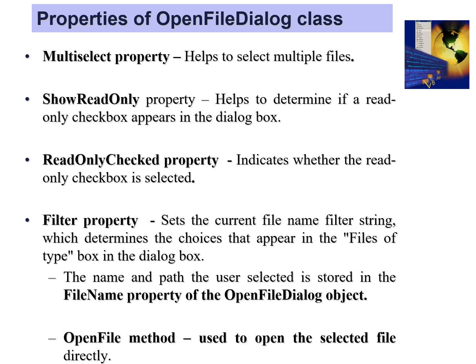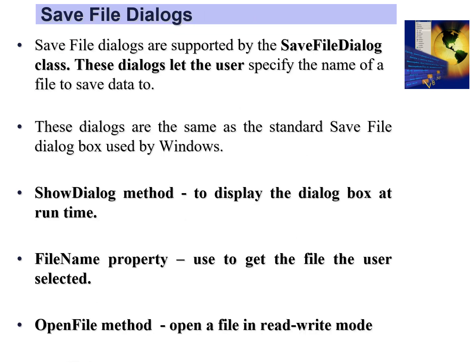The ReadOnlyChecked property indicates whether the read-only checkbox is selected. The Filter property sets the current file name filter string, which determines the choices that appear in the Files of Type box in the dialog box. The name and the path the user selected is stored in the FileName property of the OpenFileDialog object. The OpenFile method is used to open the selected file.